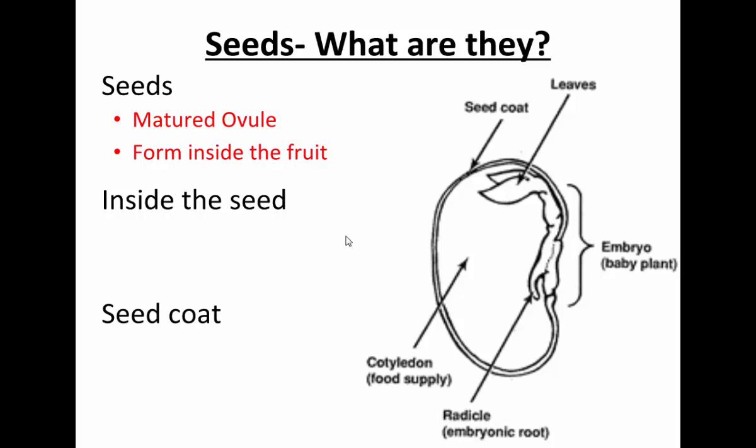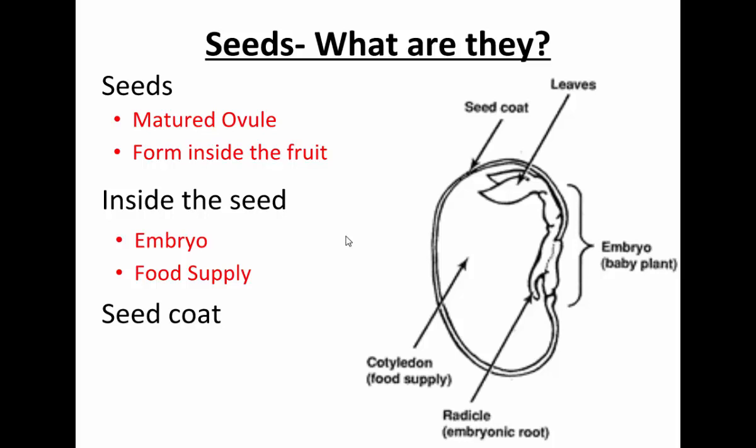This large area here is called the cotyledon. It's where energy is stored. And there's also the embryo, the actual plant that will grow. So this cotyledon has starch-like materials.